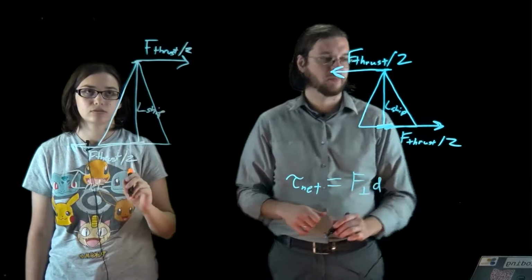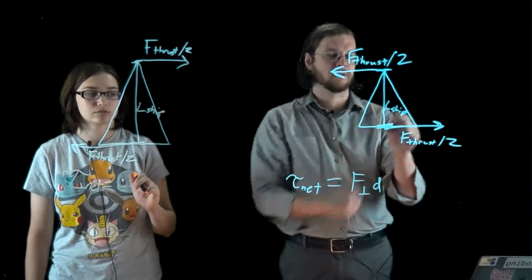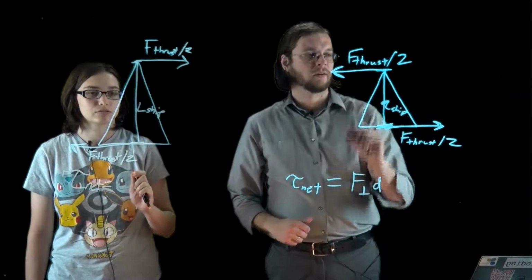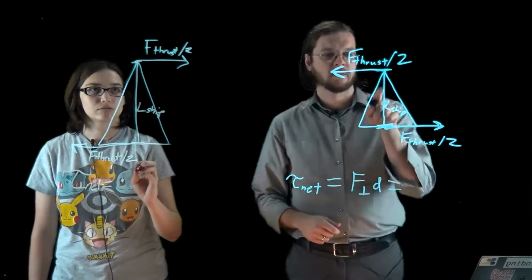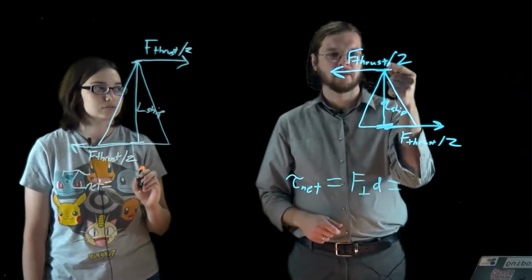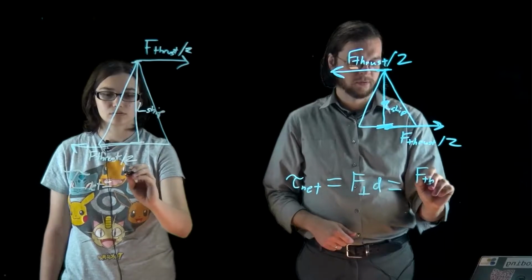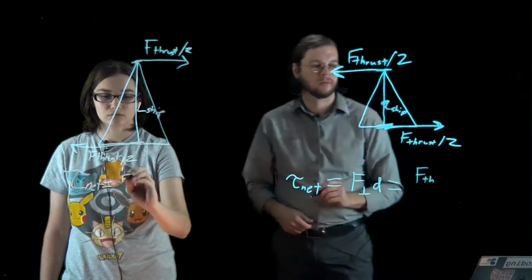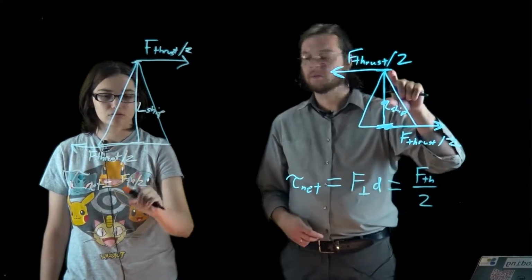In particular, it's the perpendicular force. And these forces are perpendicular to the axis of rotation, right? So we're good there. Here's the center. And so in this case, in the front, I've got F thrust divided by 2. I'm just going to call that FTH for short. F thrust divided by 2, and then what's the lever arm here?